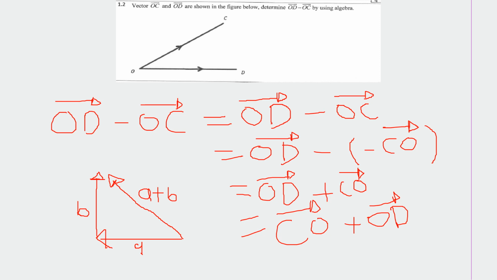To be CO. That means this vector of ours has a direction that is going this way. So basically we're going to have CO plus OD will be equal to the resultant, which is CD, from where the vector is starting up until everything is ending. So the answer here will be CD.